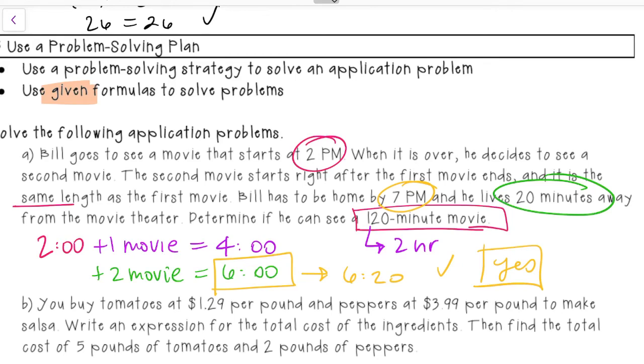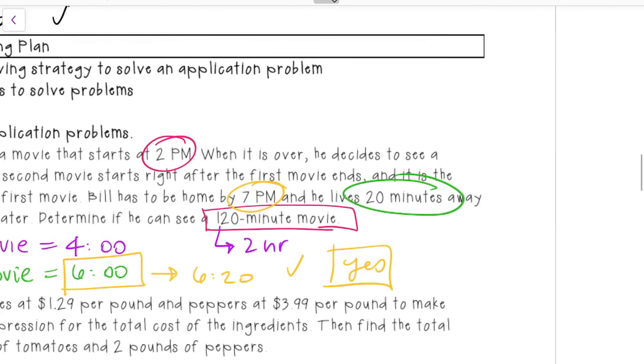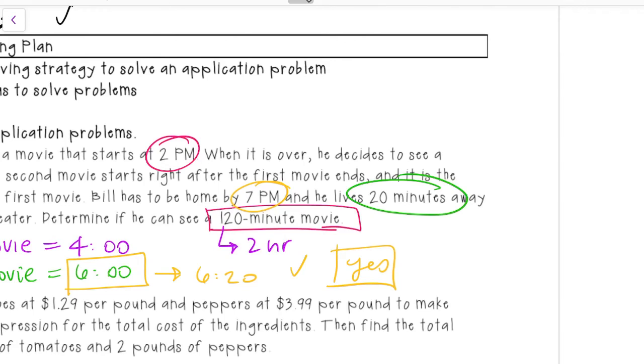Now, if you wanted to write your inequality, what it would end up looking like would be, okay, it's 2 o'clock to start with, plus we said those movies were 2 hours long, and he's seeing 2 movies, so that's where this 2 is coming from. And then X is the length of the movie in minutes.